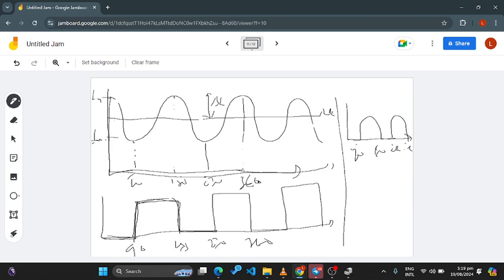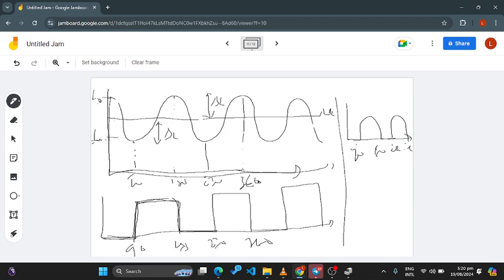Okay. But how do I find change in L? I don't know this DC value. An easier way: I know L maximum, and I know L minimum. The peak is not only from here to the top, it's also from here down. So from here to here is also a peak, just in the negative direction.